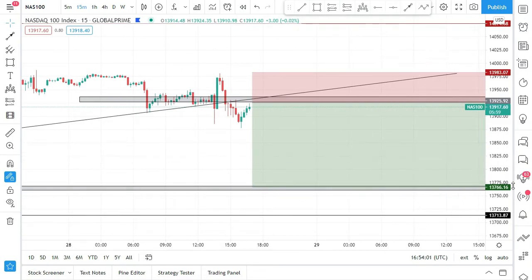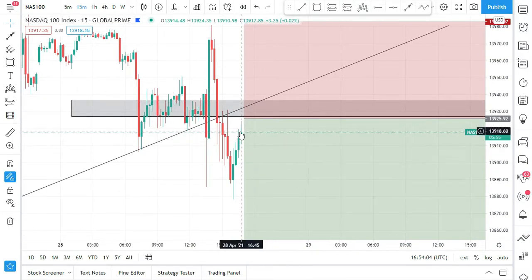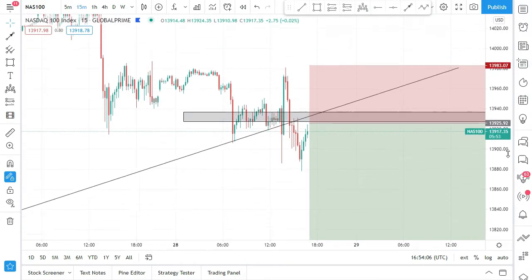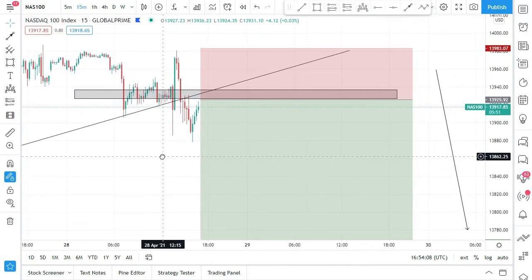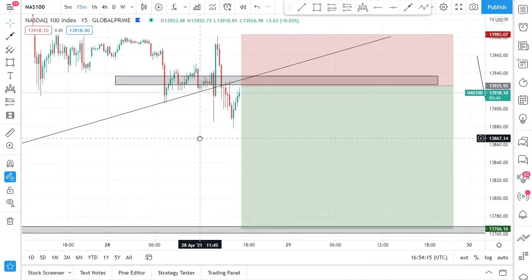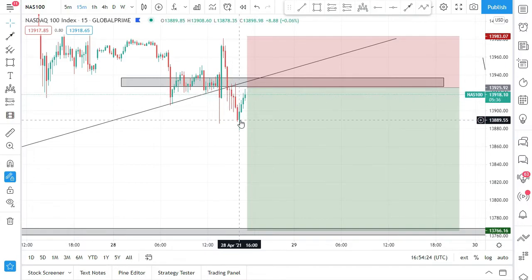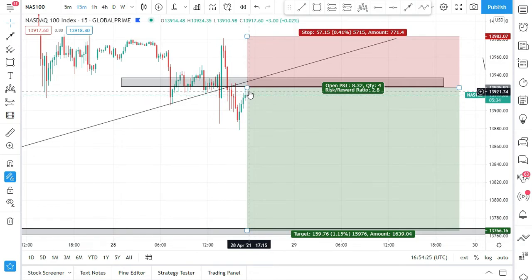Okay, what you can see here is that the market did break out, then it went down in a choppy manner. Right now it's just coming back for a retest.